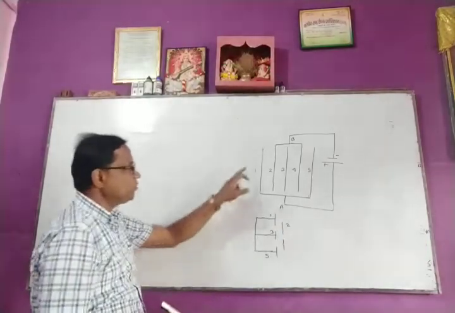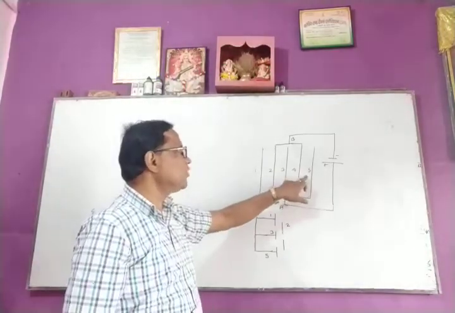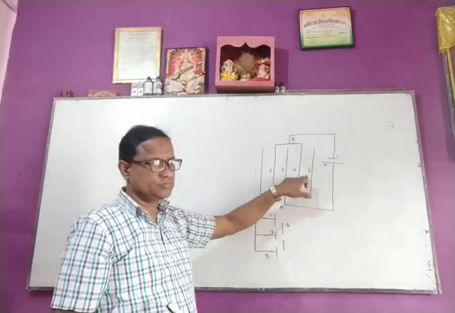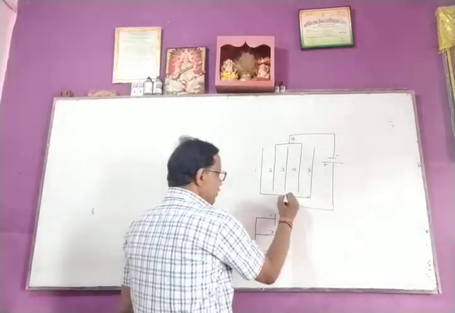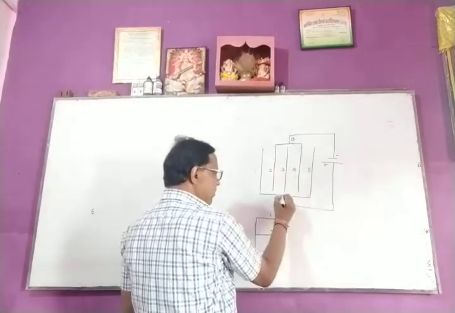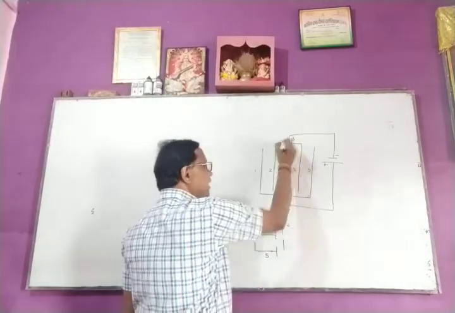1, 3, 5. All are at the one terminal, the plus to the minus.